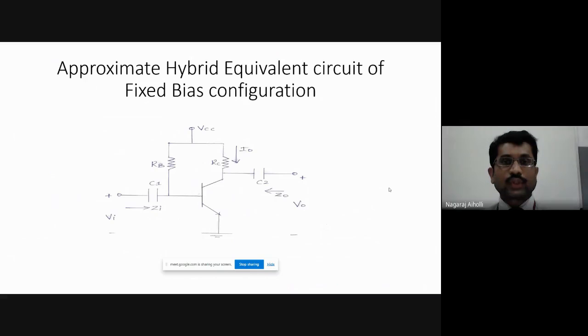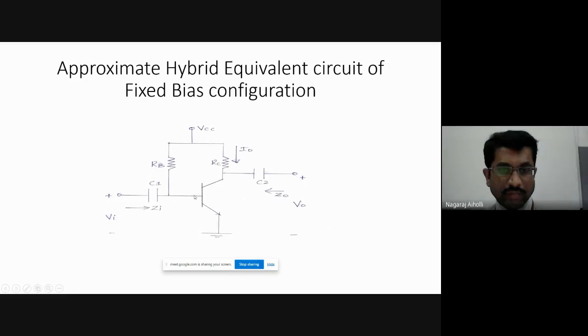First, we have to know the approximate hybrid equivalent circuit of the fixed bias configuration. How are we getting it? If we know this, then we will be able to explain the approximate hybrid equivalent model of the voltage divider bias. This is the fixed bias circuit, the common emitter fixed bias configuration, or simply fixed bias configuration.